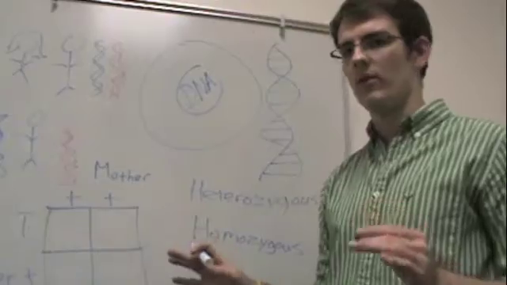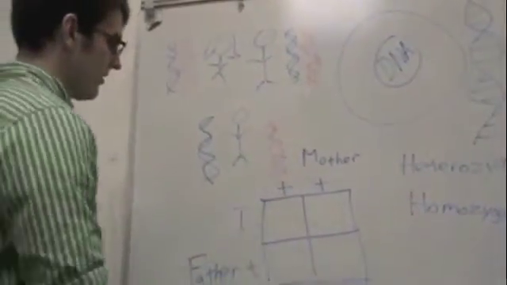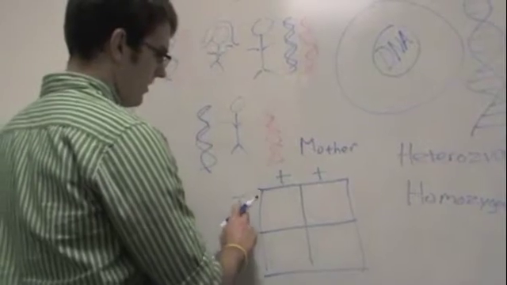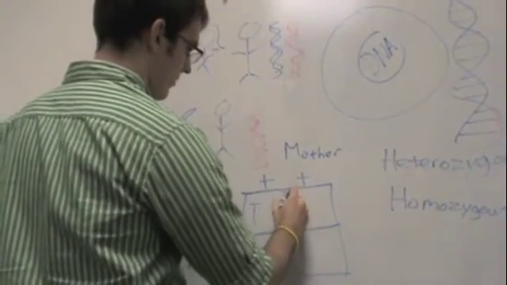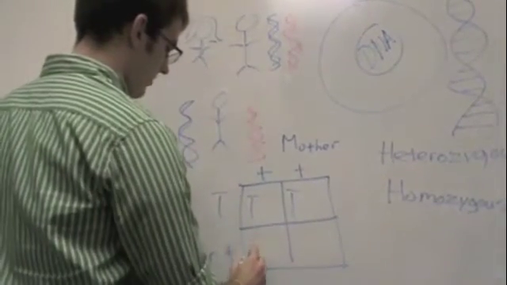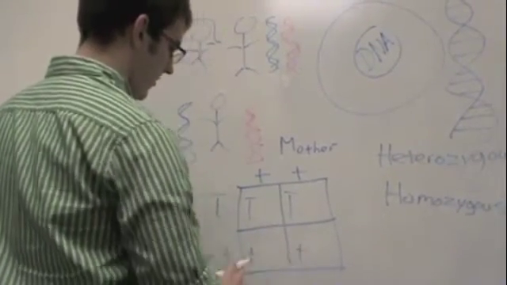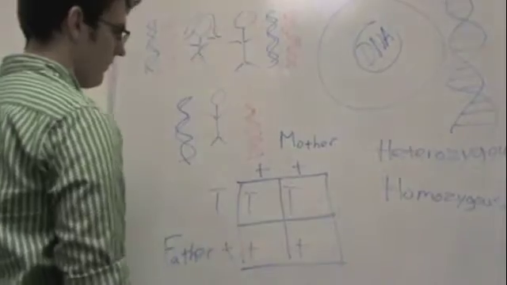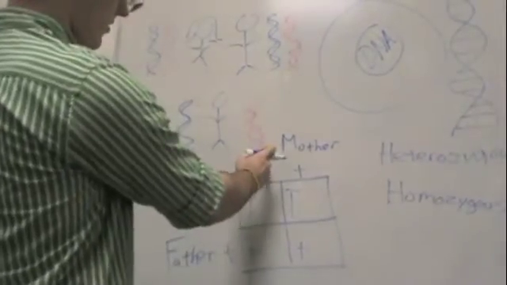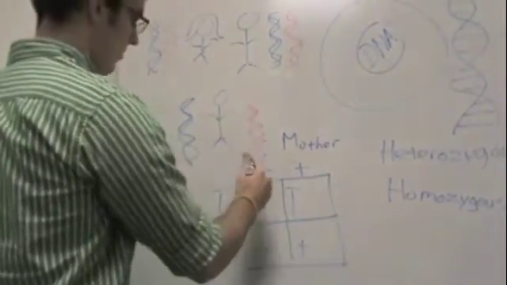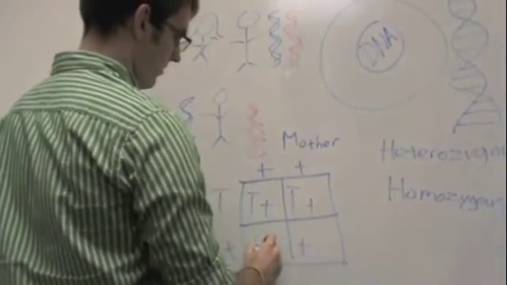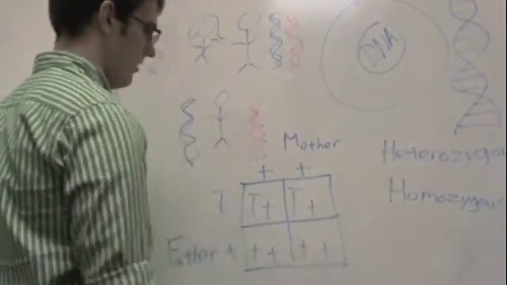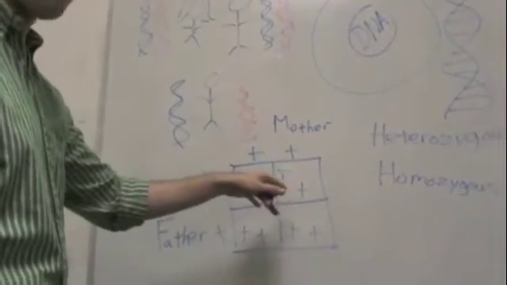Okay, so here we go. This is how it blends together. This T will go in this box and in this box. And this T will go in this box and in this box because they're on the same row. Now the mother's genes will be going down. So this will be going in this box and that one will go in that box. Okay, now this is how they match up.